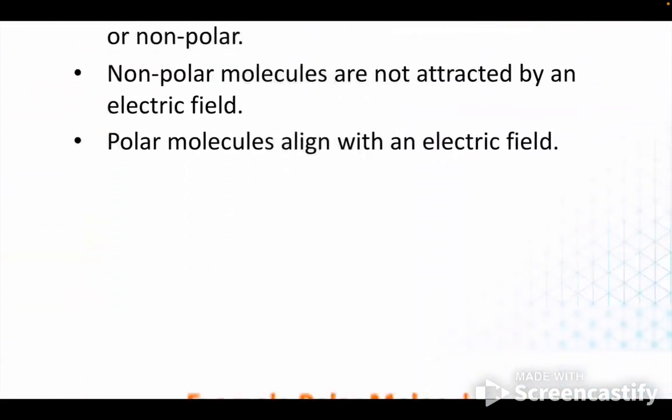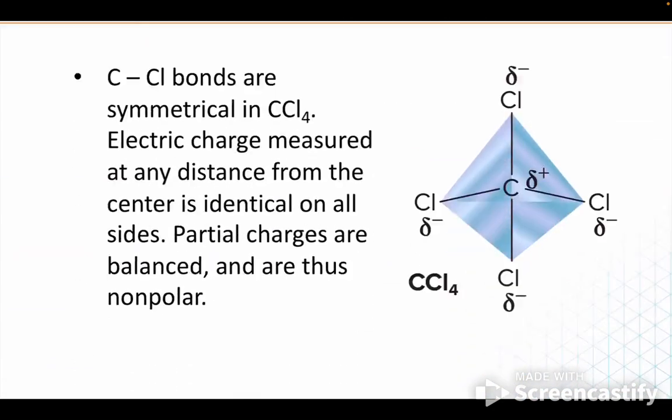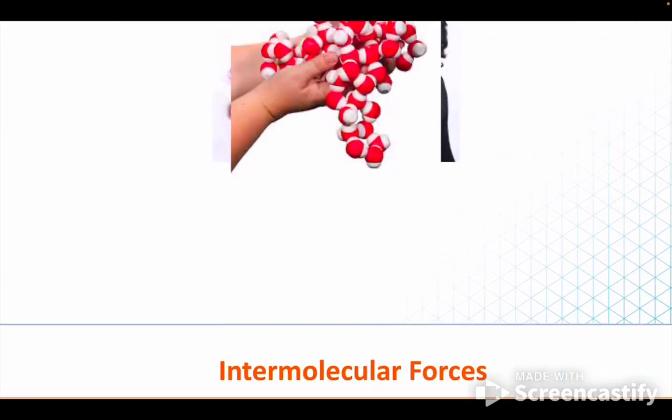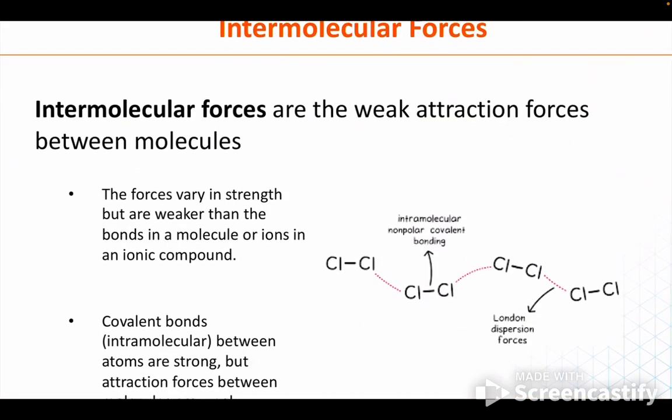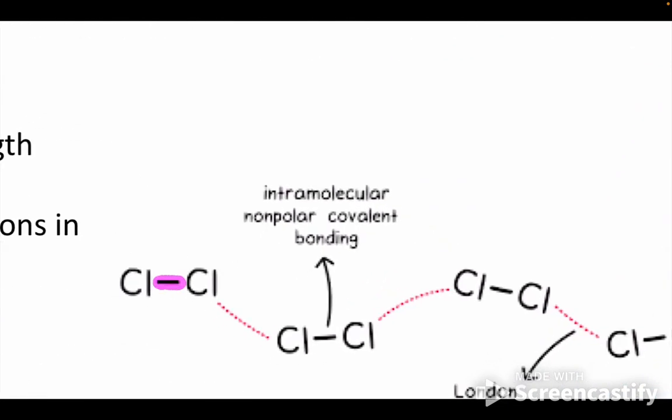So now we're going to talk more about intermolecular forces. An intermolecular force is the attraction between molecules. So for example, here you have a real bond. That's what we call intramolecular.